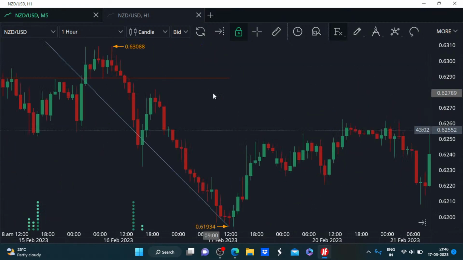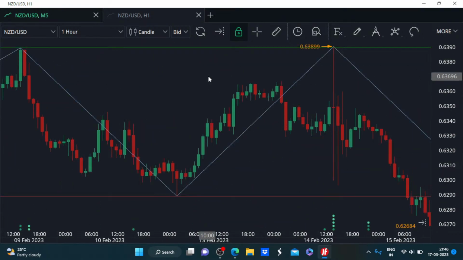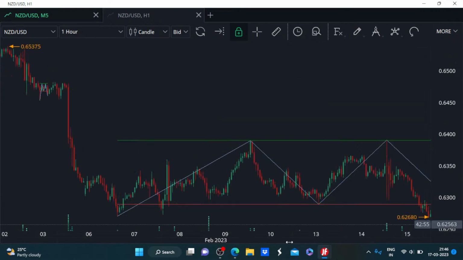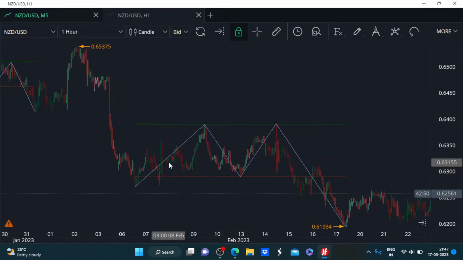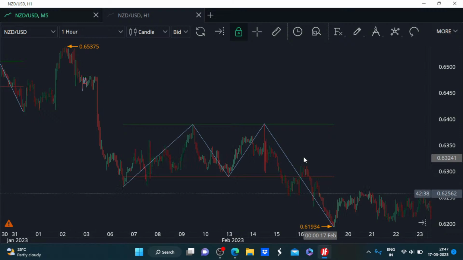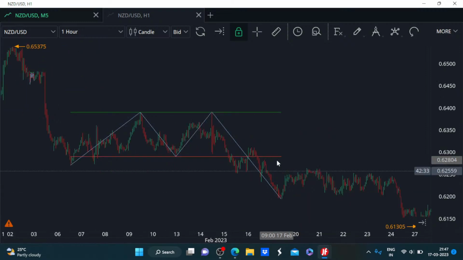Let us look for some other examples as well. Here is a formation involving a lot of time, because it formed on this large time frame with a couple of sessions involved. Here also a similar price reversal level was observed for these two tops, and then this break on the lower side, which went on to create this possibility.